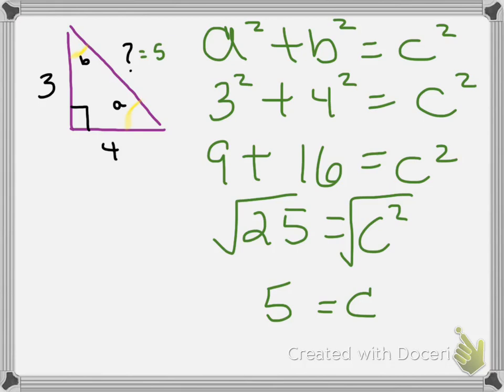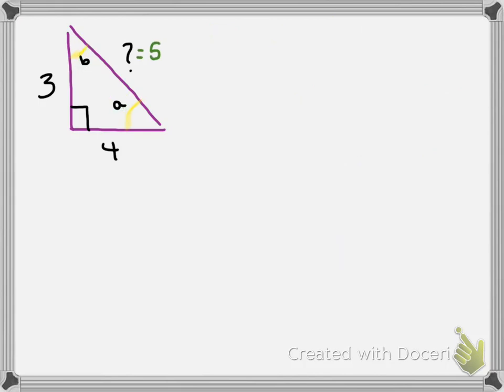Now let me clear some space so we can find the angle measures over here. Okay, one of the questions in your book is asking you the names of these sides here. And compared to A, the 3 over there is the opposite, and the 4 is the adjacent.